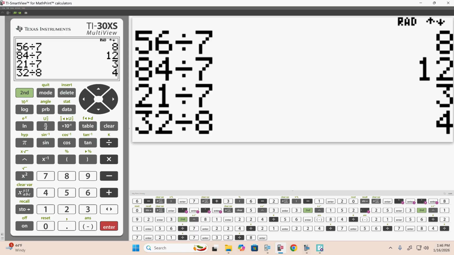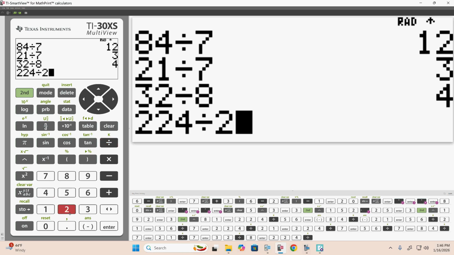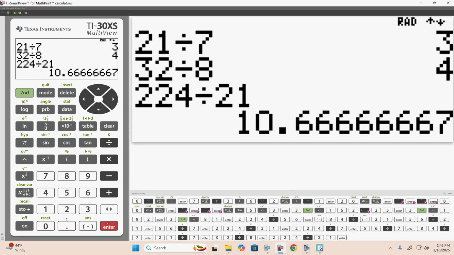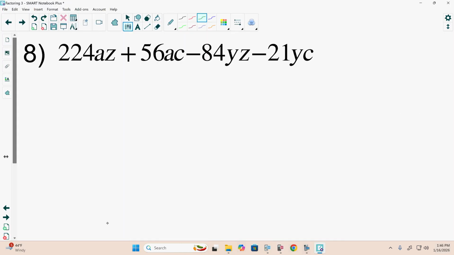So, 224 divided by 21. Not a factor. What I would do from there is, well, we know if it has to be a factor of all four, it still has to be a factor of 21. 21 has most likely the least number of possible factors.